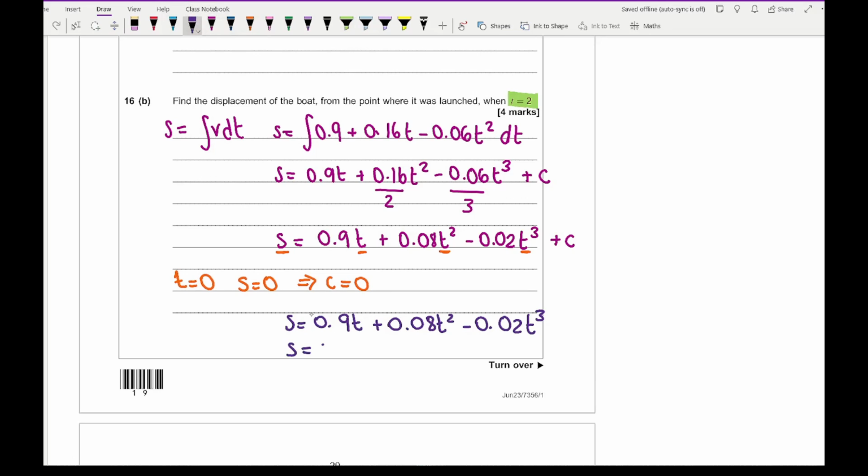So s is equal to this calculation, and that gives us a displacement value of 1.96, and the units for that is meters.